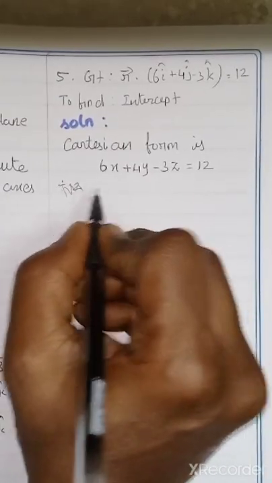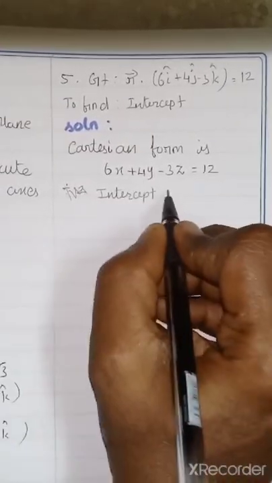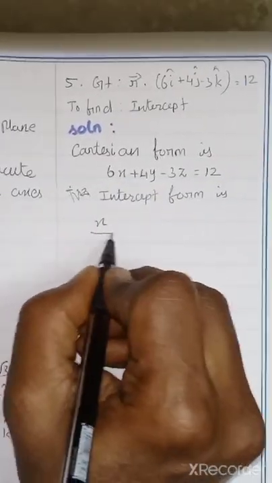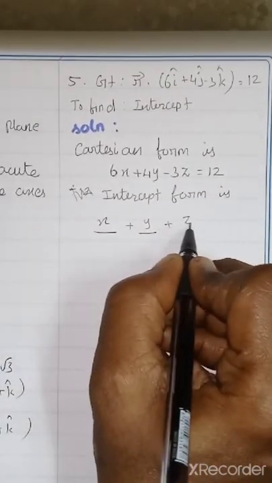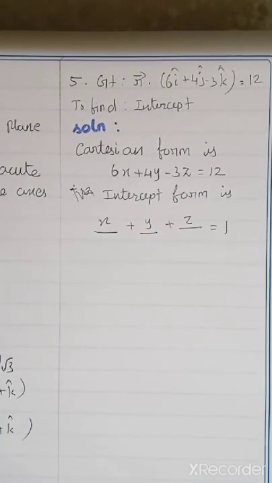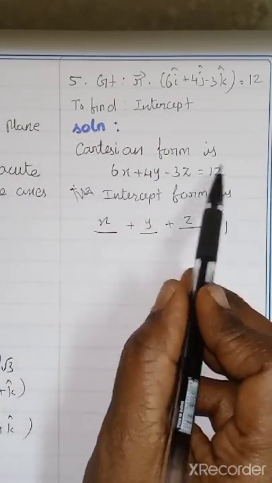So your intercept form is x by a plus y by b plus z by c equal to 1, correct? So first, what is your a value? The right side should be 1, right?